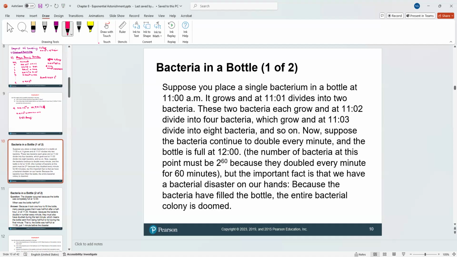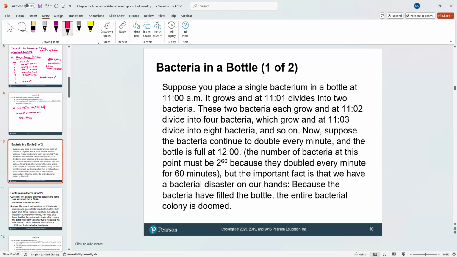Suppose you place a single bacterium in a bottle at 11 a.m. It grows and at 11:01 divides into two bacteria. These two bacteria each grow and at 11:02 divide into four bacteria, which again at 11:03 divide into eight bacteria, and so on. You can see the pattern.